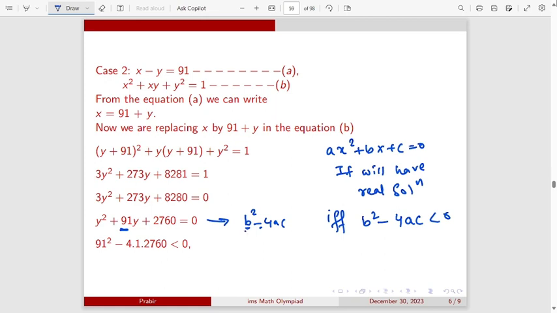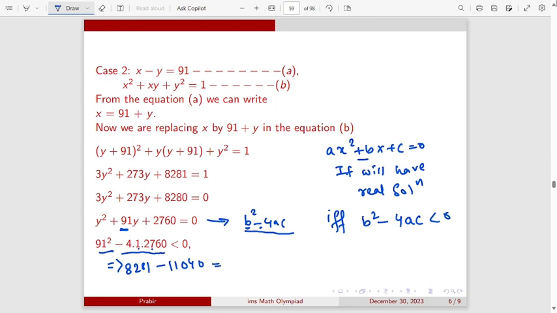So for that purpose we are going to find b square minus 4ac, which is called the discriminant of the quadratic equation. So we are going to find 91 square minus 4 times a times c, where a is 1 and c is 2760, and you can calculate it. It will come 8281 minus 11040, by using a calculator, or you can do it by hand.